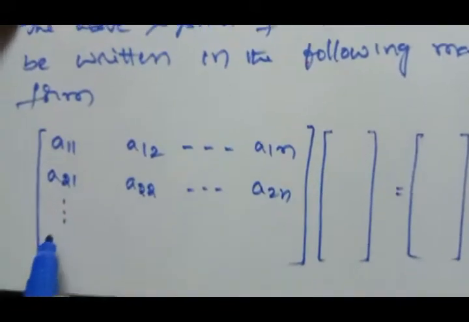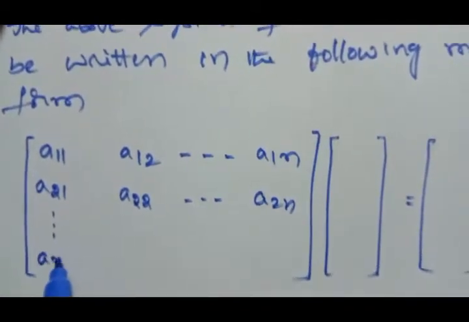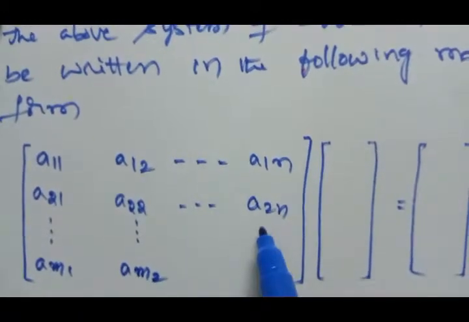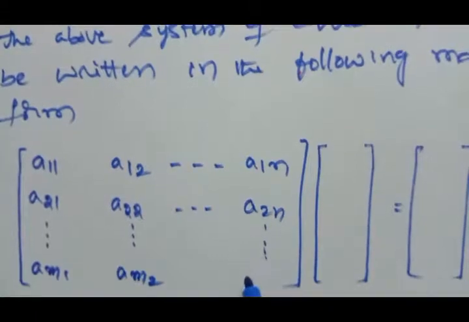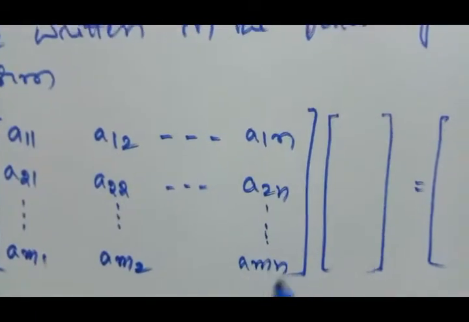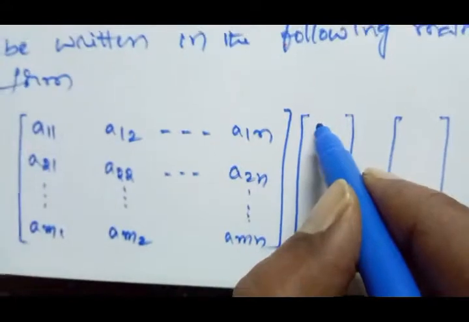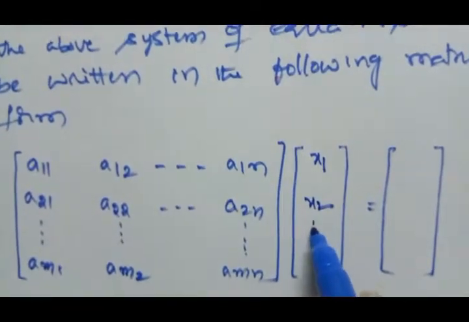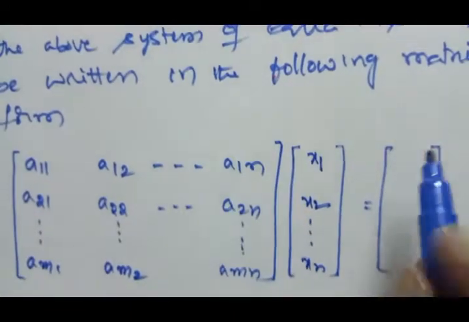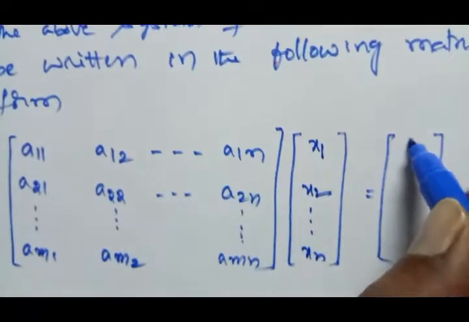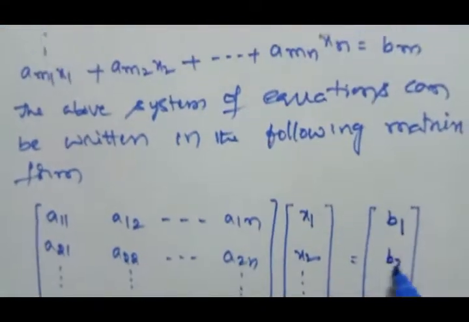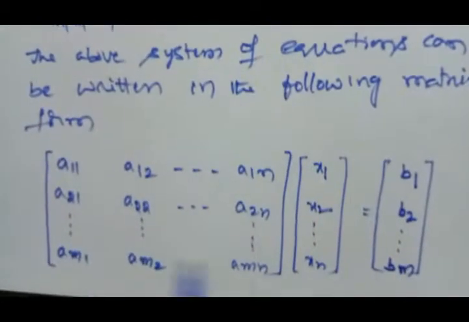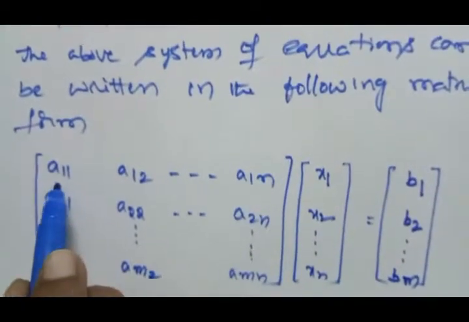In the mth equation, coefficient of x1 am1, coefficient of x2 am2, coefficient of xn amn, the unknowns x1, x2 and so on, xn, constants in the right hand side b1, b2 and so on, bm.